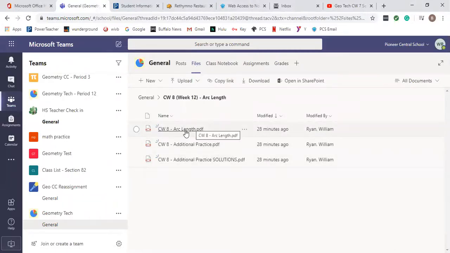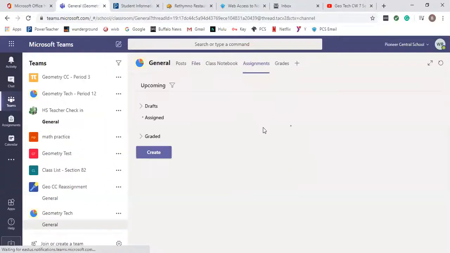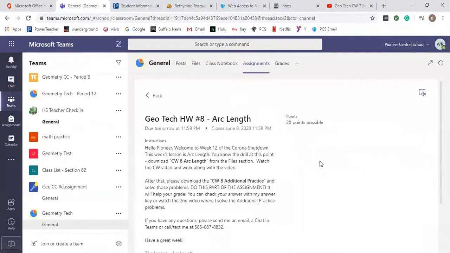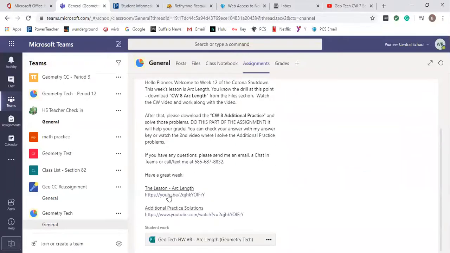The first one, Classwork 8, arc length, is what we're going to be working on. You're going to work along with me. When you're done, do the additional practice, and then you can check your answers. This is the video that you're watching, and this one right here is the solutions to the additional practice.